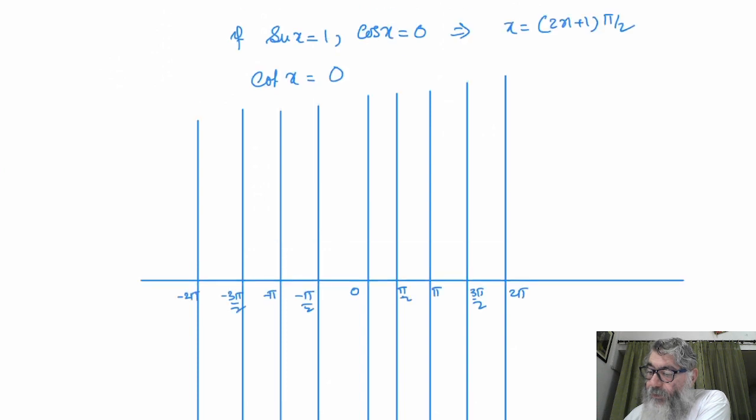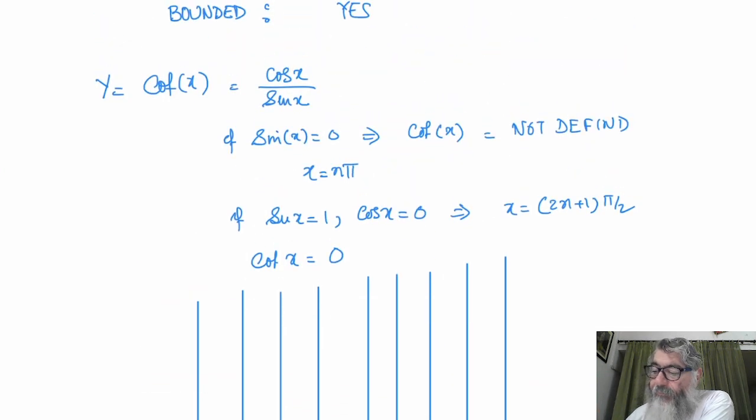Now we saw that cot was not defined when sine was 0.